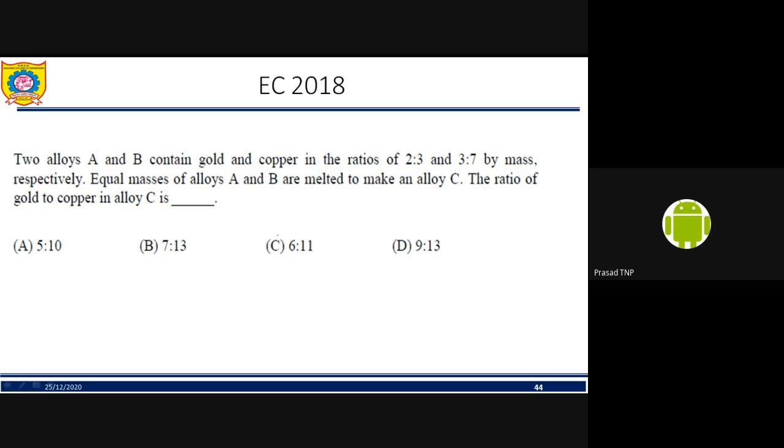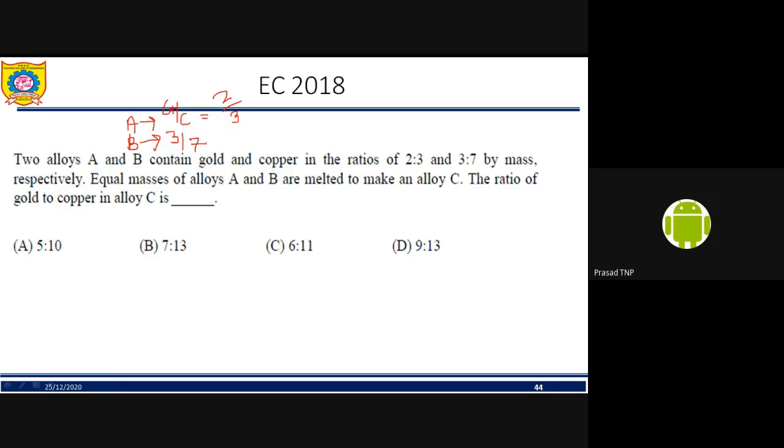So what is done over here? There are two alloys A and B, and both consist of gold and copper. The gold to copper ratio in alloy A is 2:3, and in alloy B the gold to copper proportion is 3:7.